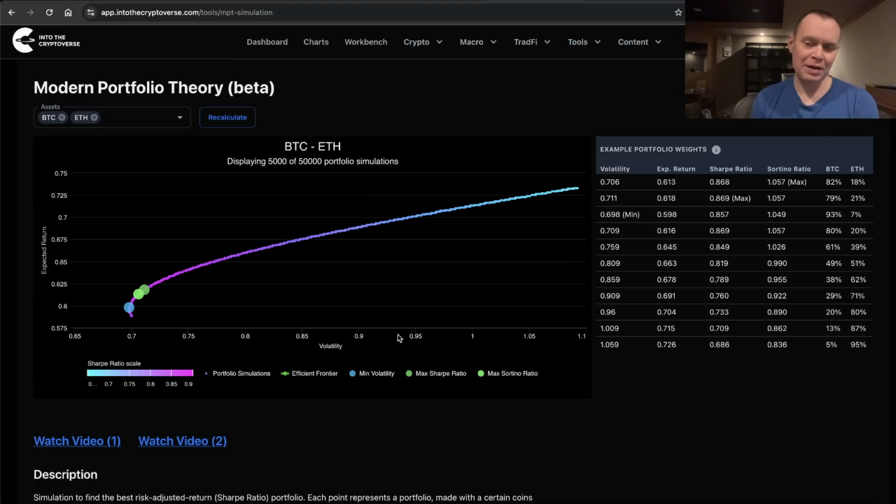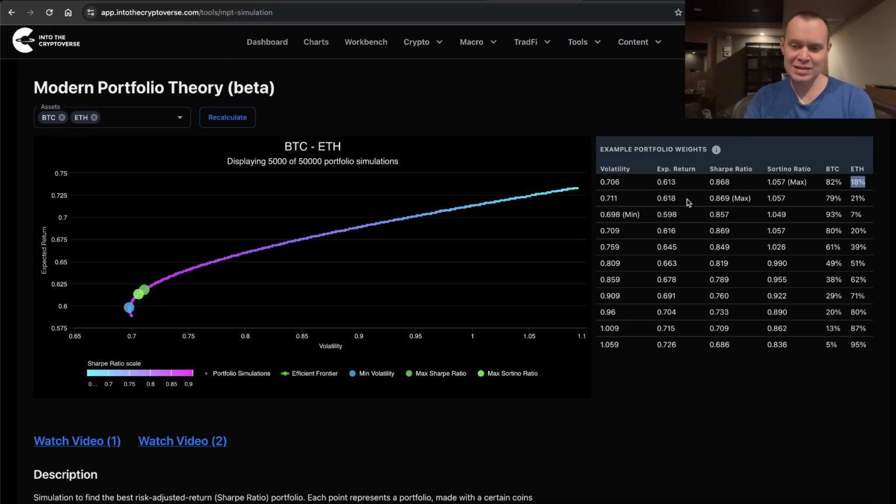So there's another metric that you can use that I think is a little bit better, and it's called the Sortino ratio. Okay. Now the Sortino ratio is maximized at 1.057, and it actually suggests 82% Bitcoin and 18% ETH. So it's a little bit more Bitcoin, a little bit less ETH. Now, let's say you don't fall into either of those camps.